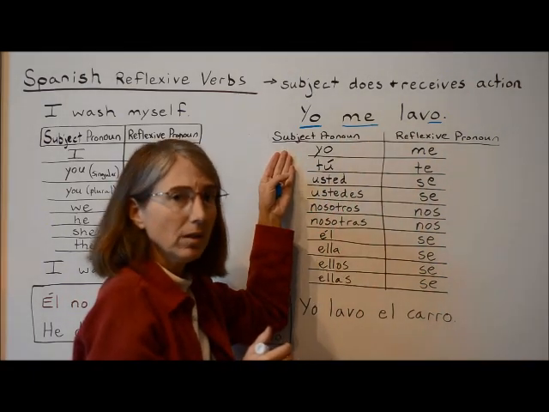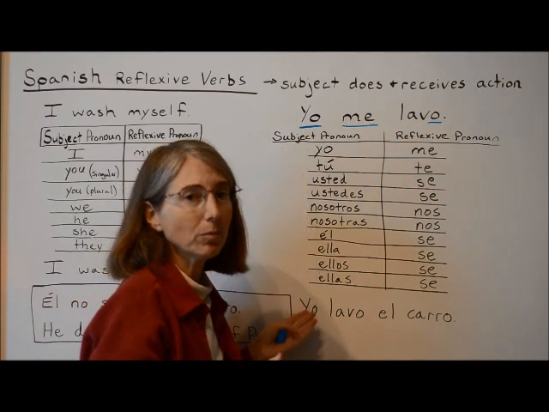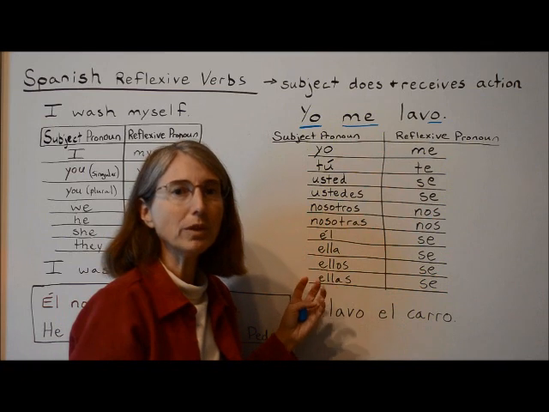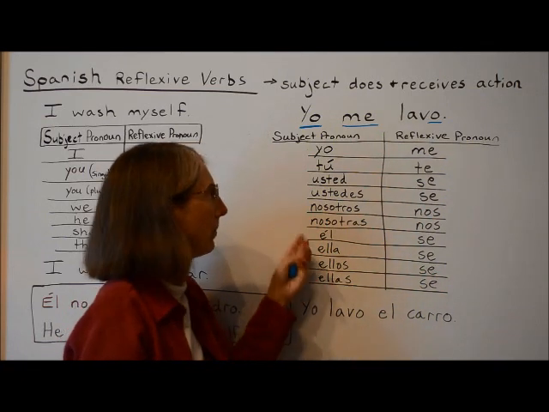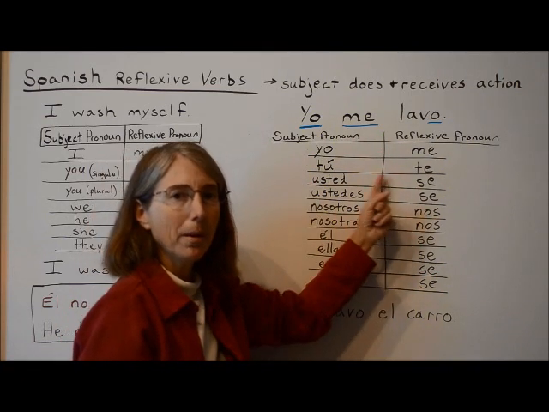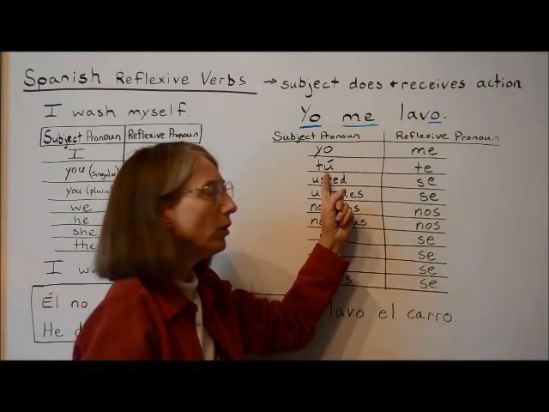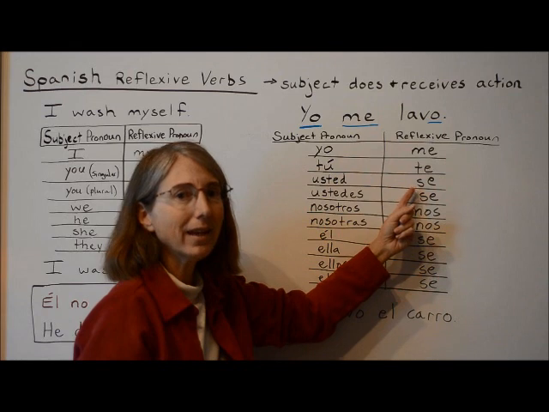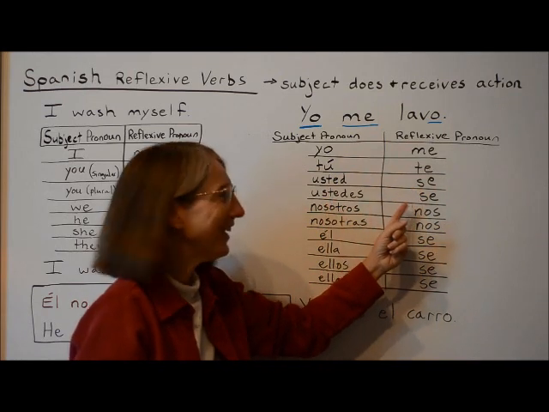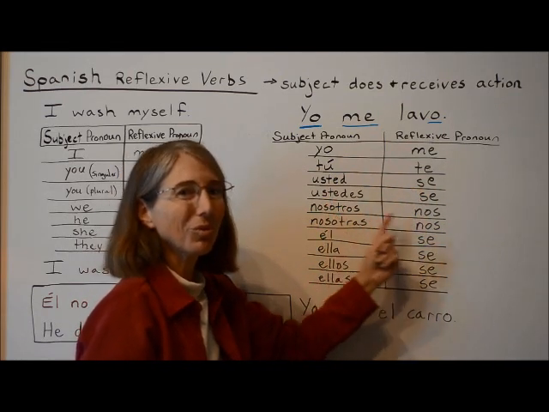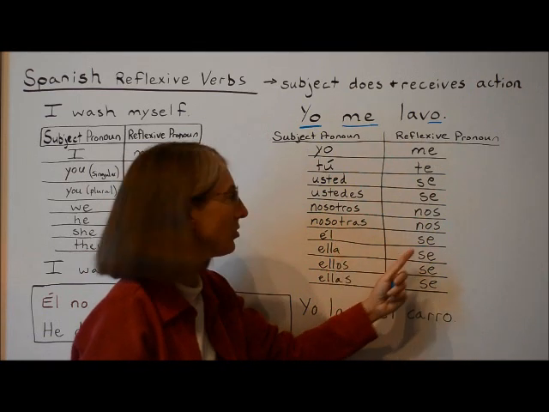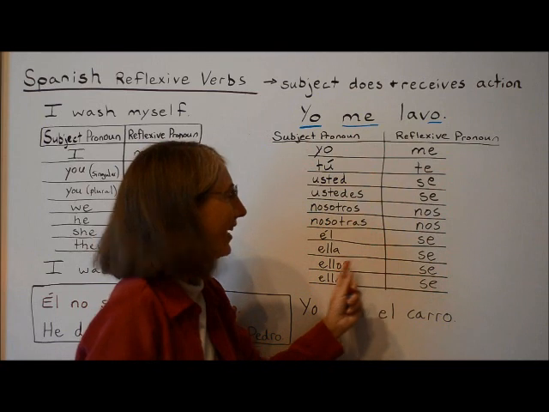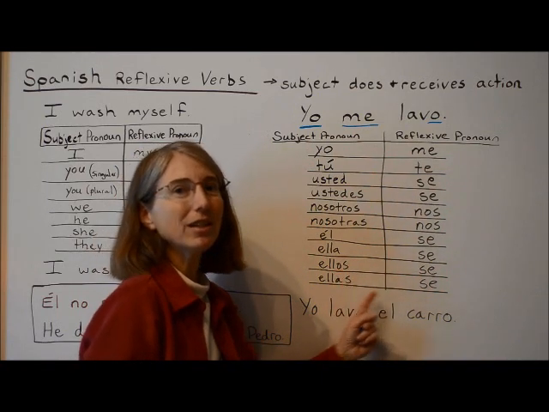If we look at our list of subject pronouns in Spanish, we have a list of reflexive pronouns that would be used with each subject pronoun. Yo, me; tú, te; usted, se; ustedes, se; nosotros, nos; nosotras, nos; él, se; ella, se; ellos, se; ellas, se.